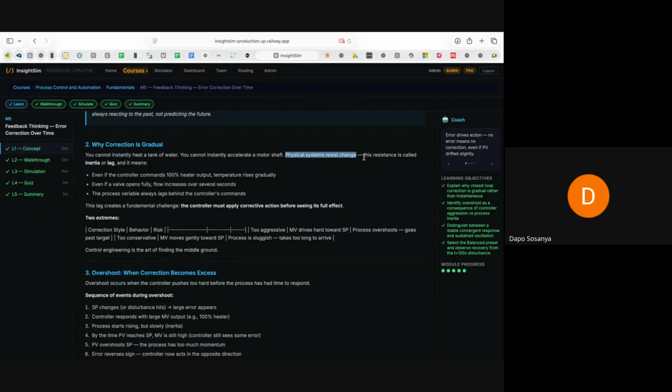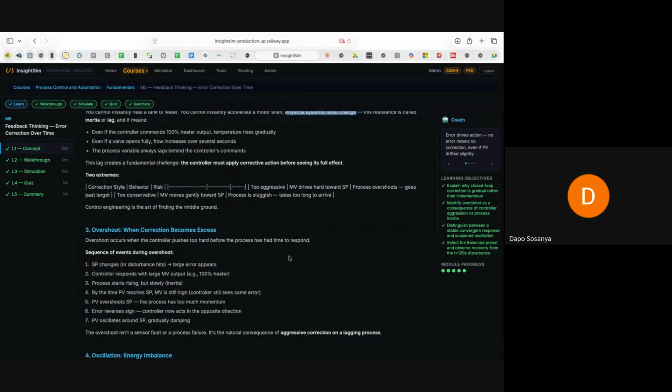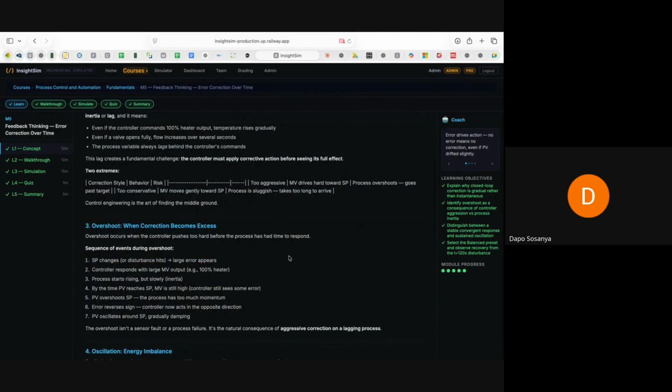And that is where we begin to talk about overshoots. Note, we have discussed lag, and now we are talking about overshoots, that is, overcorrection of the error. So let's look at the sequence of events.